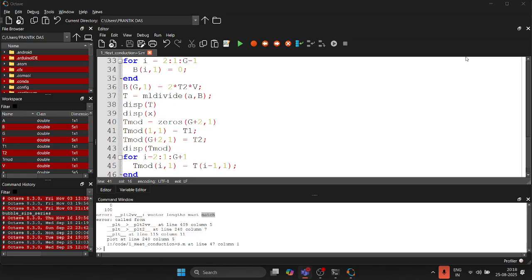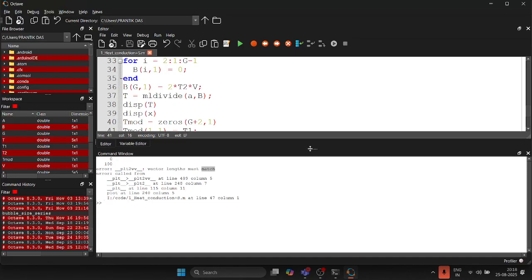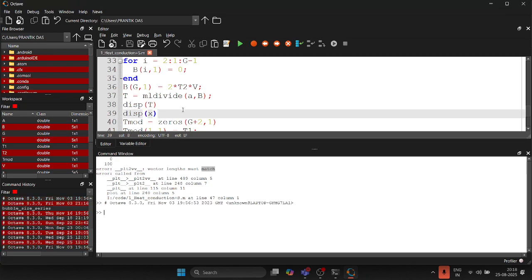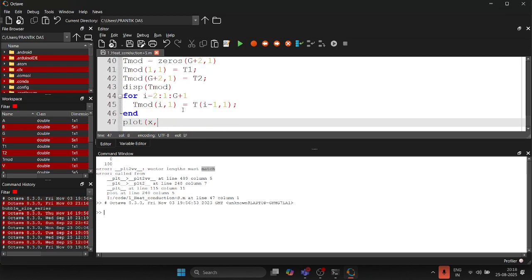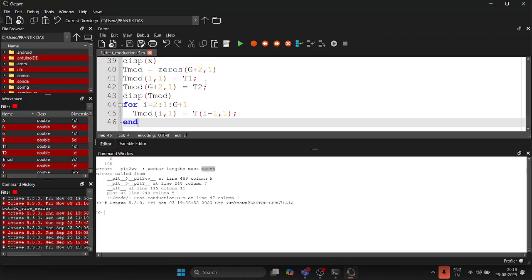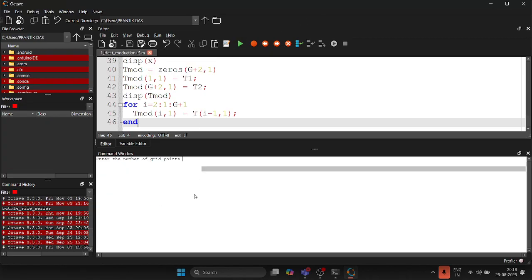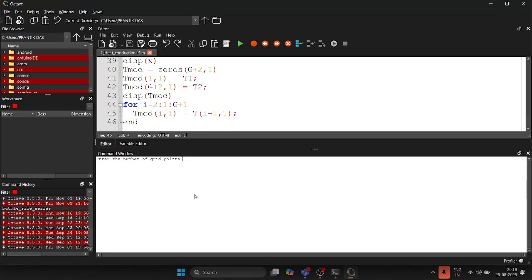Let me remove this comment, otherwise you will get an error. So your T mod is basically 500 on the left hand side and 100 on the right hand side itself. The temperature at the interior control volumes is basically 0.